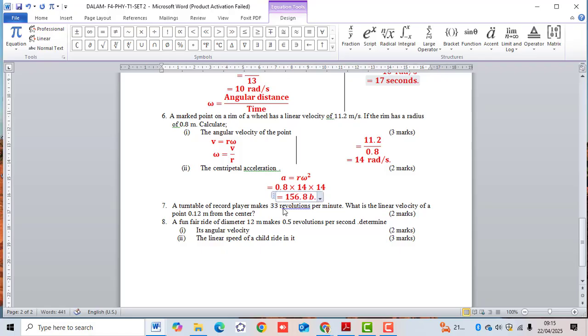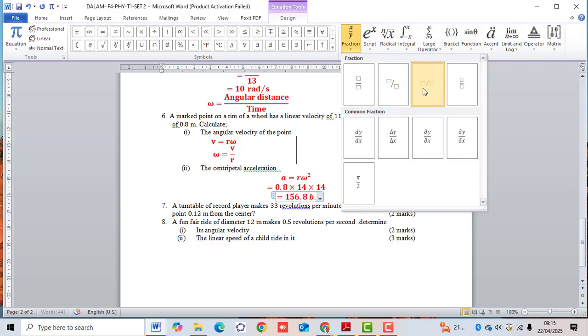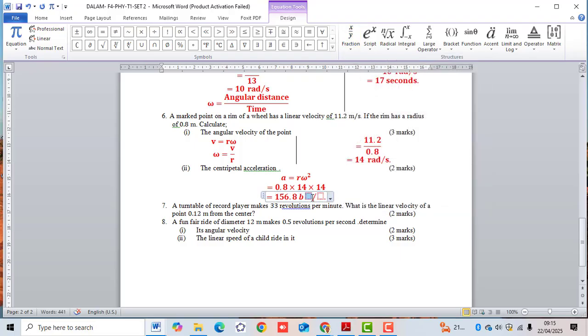This one will be meters per second squared, like this.